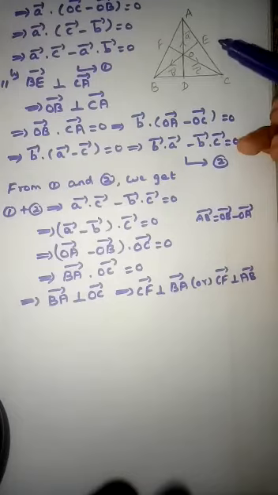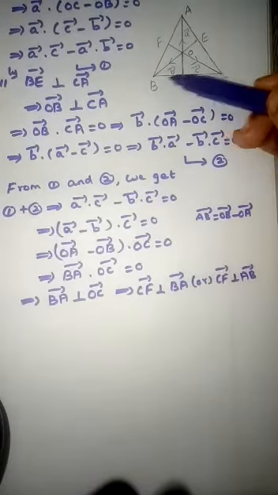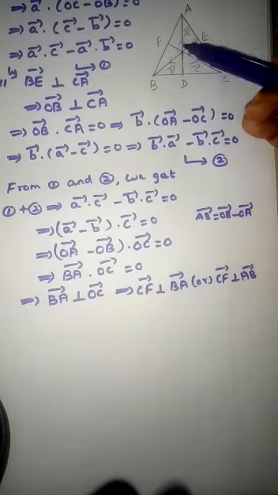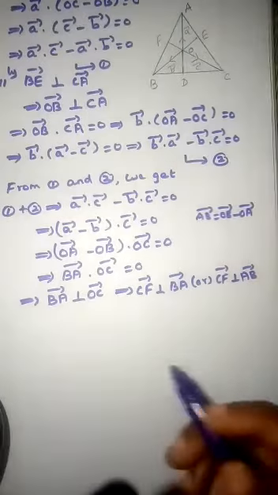Because usually in a triangle we will take the direction like this, A to B, B to C, C to A. So AB vector only we will have, so we are only interchanging like this.